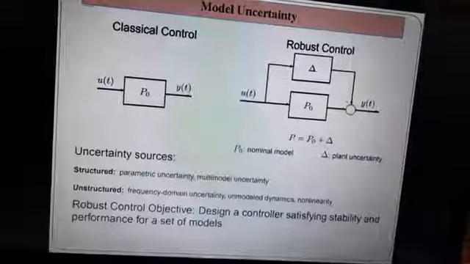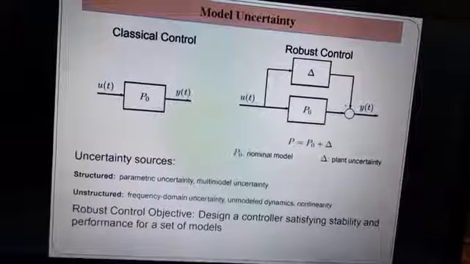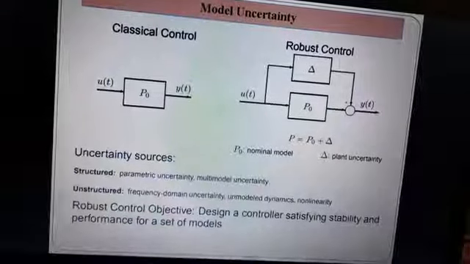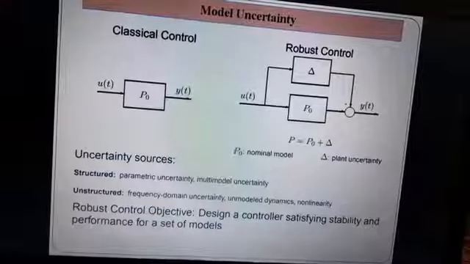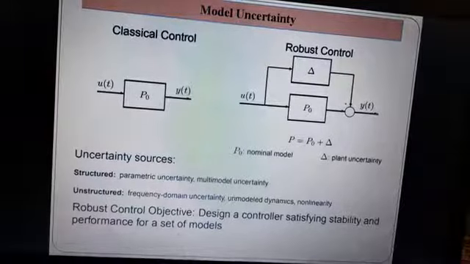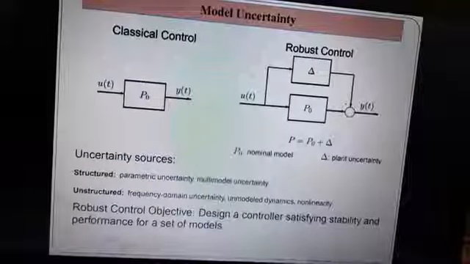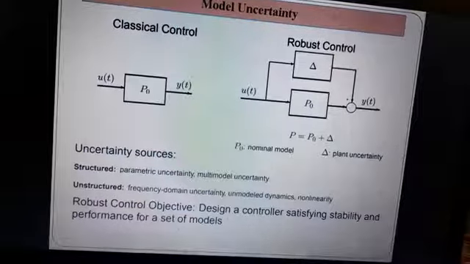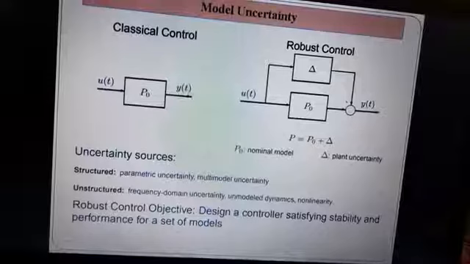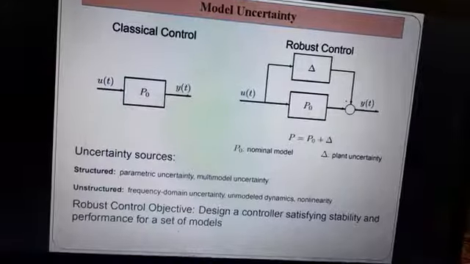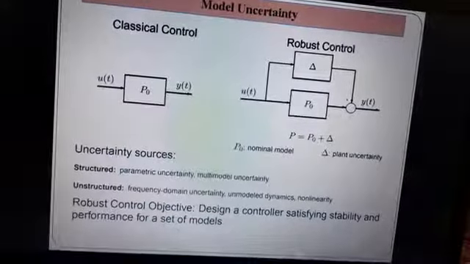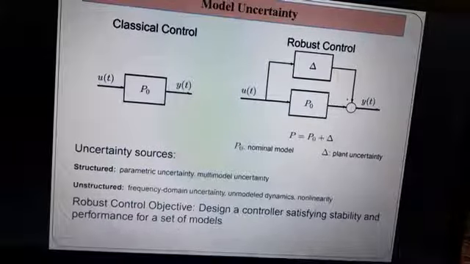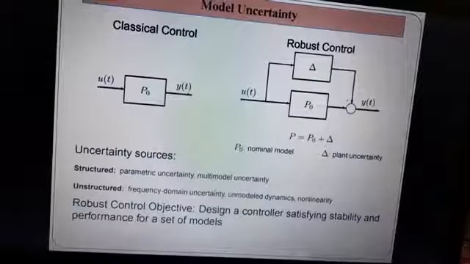Whenever you design a robust controller, it should ensure the desired performance within a certain range. We need to mention within which range of uncertainty your system can be handled with the help of the proposed controller. That is the main control objective: your controller should ensure robust stability and robust performance within a certain range. So that was the basic introduction about robust control.